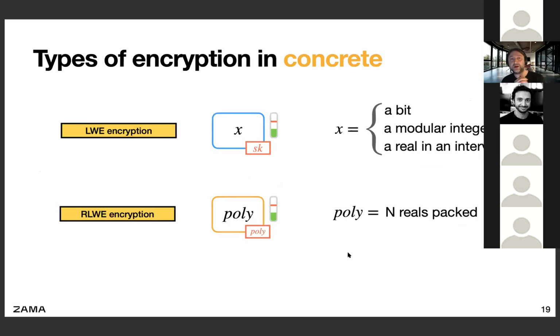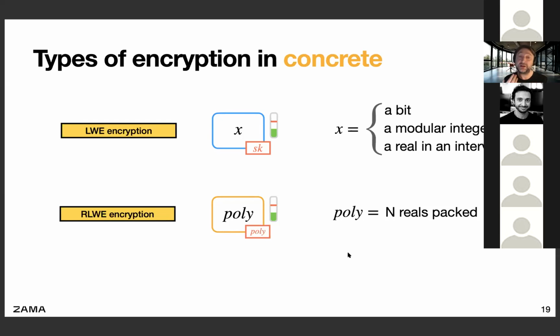So more about the different objects. We didn't want to put out equations and big maths in there, but to give you an intuition of how Concrete works. We have two types of encryption: the blue type and the orange type. The blue type is what we call learning with errors, or LWE, encryption.